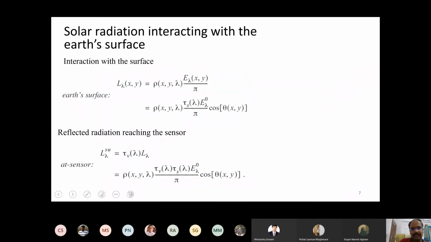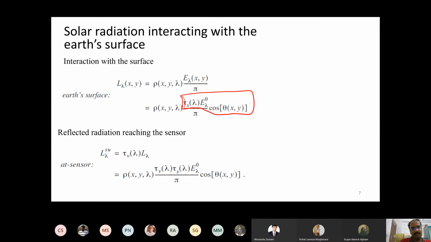Now, what we have calculated is the total energy that is available to us. This is what I have written in the red box as total energy. Now we are interested in the reflected component: what fraction of this energy is reflected?